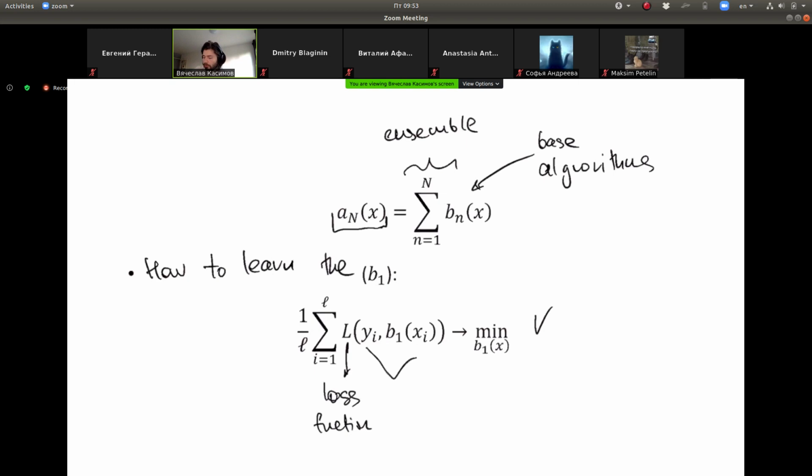And so we have the training set. So we just calculate the loss at each point, average it over the whole data set, and minimize over the parameters of the first algorithm with gradient descent, if it is a differentiable model, or with greedy search as, for example, with a tree. Okay, the first model is very clear.